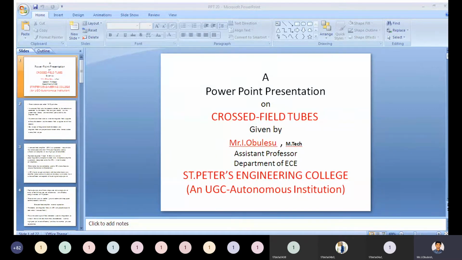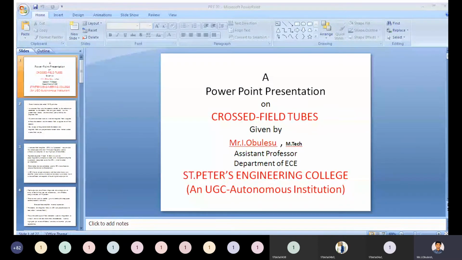At the opposite extreme, with no field, the electrons are free to flow straight from the cathode to the anode.